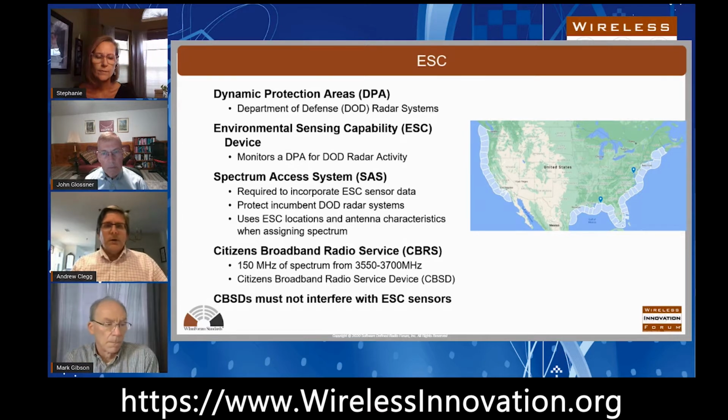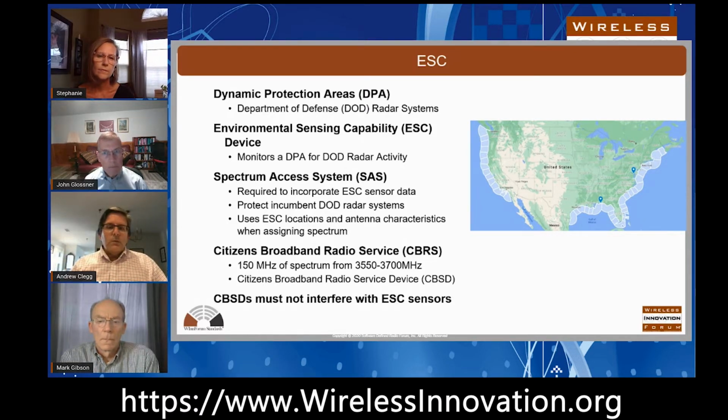And so we set up our ESC networks pointing into those DPAs, and when radar activity is detected in one of those DPAs, we let the Spectrum Access System know which DPA, and the Spectrum Access System rearranges CBSDs in the areas along the coastal areas around those DPAs.